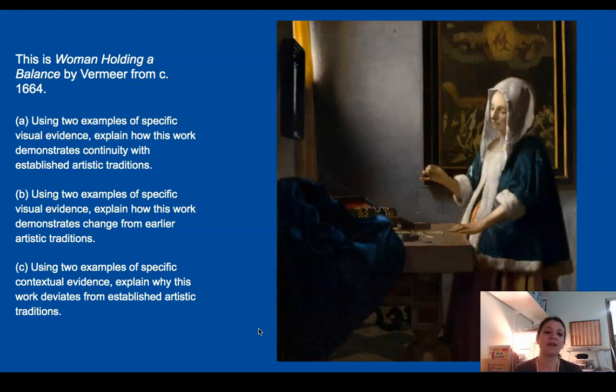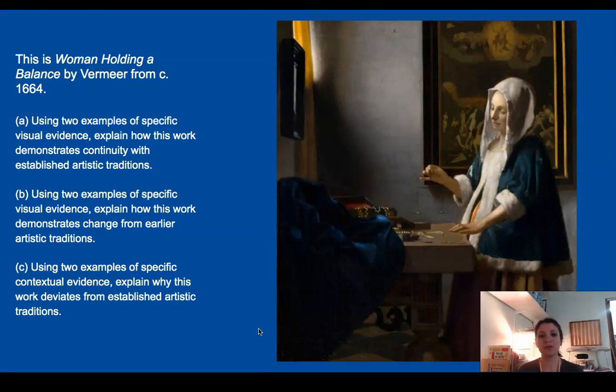First, using two examples of specific visual evidence, explain how this work demonstrates continuity with established artistic traditions. Then, using two examples of specific visual evidence, explain how this work demonstrates change from earlier artistic traditions. And finally, using two examples of specific contextual evidence, explain why this work deviates from established artistic traditions.